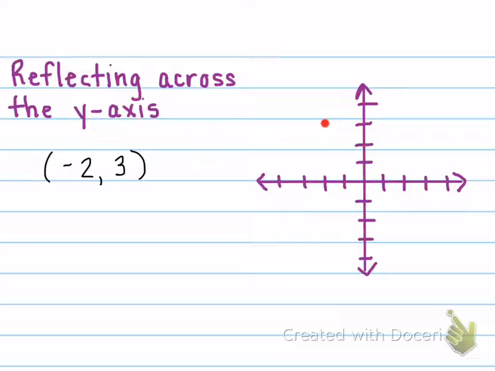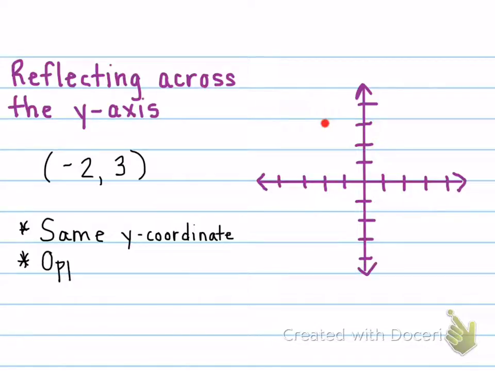Now reflecting across the y-axis is backwards. In this one, you use the same y-coordinate and the opposite x-coordinate.